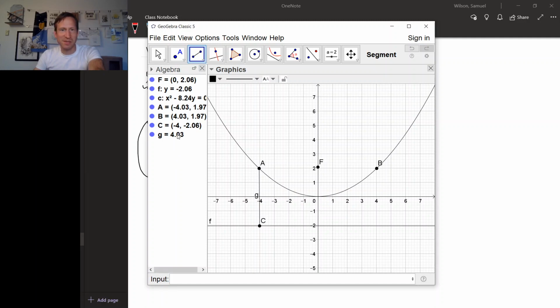So GeoGebra is telling me that's about 4.03, and the focal distance here is 2.06, and if you multiply that by 2, sure enough, you get almost this distance from these side points down to the directrix. It's not exact because I haven't carefully coded GeoGebra to make things exact. We can also measure the distance from this point all the way over to that point, so that's the latus rectum, and that's 8. And sure enough, 8.06 is about 4 times 2.06.